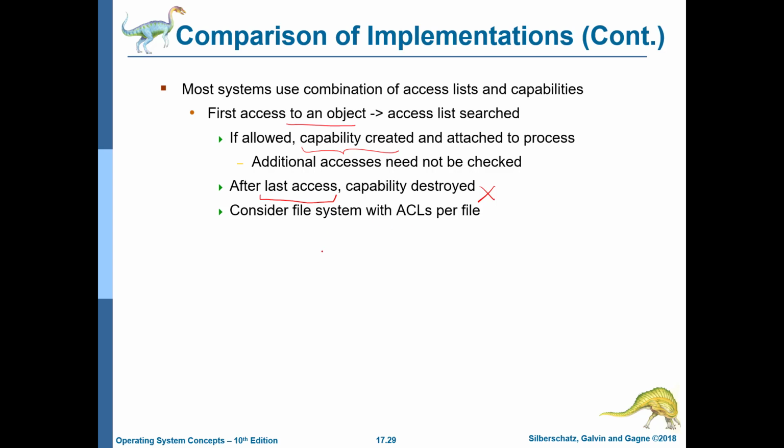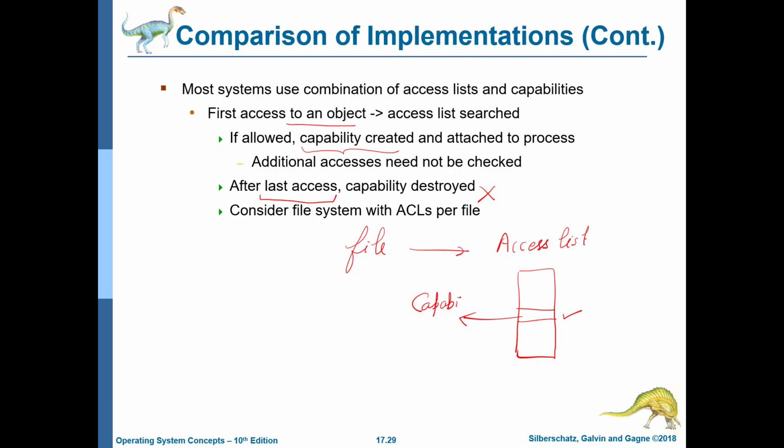Alright. And this is something that is done in files to a large extent, that the first time we access a file, we check its access list. It is less intricate on Linux and more intricate on Windows. If the given user or the given domain has access to it, that is great, so we create a capability out of this.